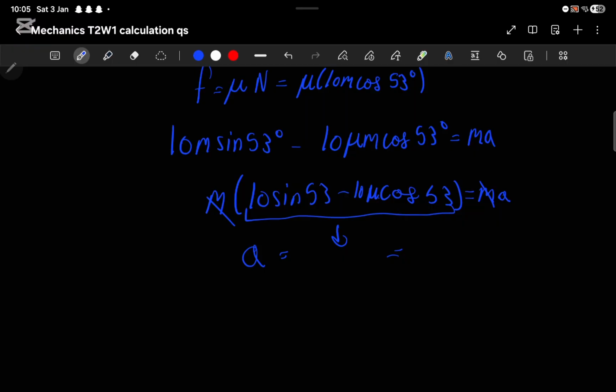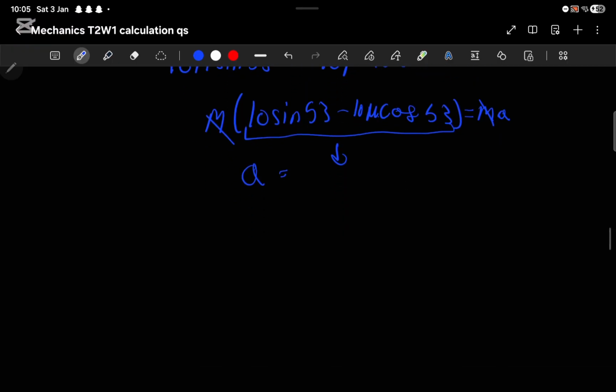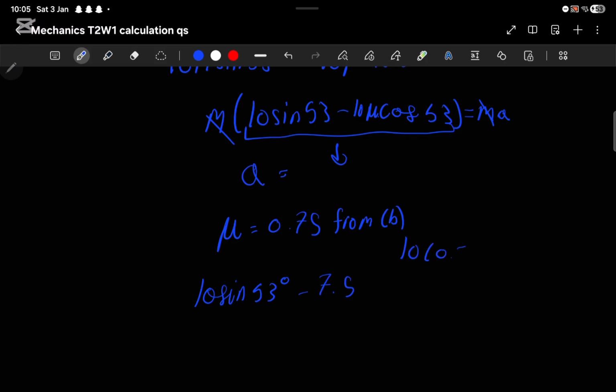Okay. Now remember, mu is what? Mu is 0.75, from part B. Right? So 10 sine 53 minus 10 mu. So 10 times 10 times 0.75, 7.5. Remember, because that's 10 times 0.75 cosine 53.